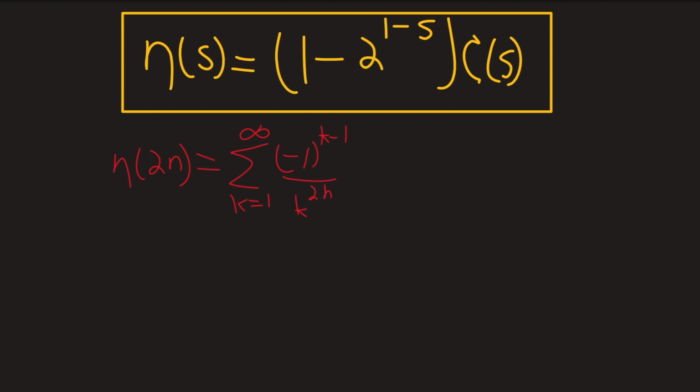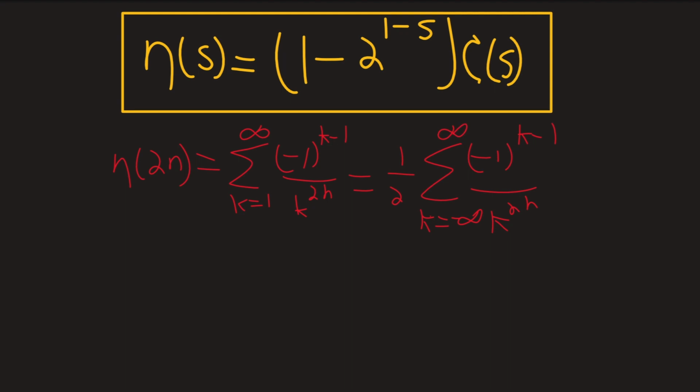To exploit a bit of symmetry, noting this 2 here and assuming that n is an integer, this is the same thing, as a result of symmetry, as 1/2 times the sum of negative 1 to the k minus 1 over k to the 2n. This part hasn't changed, but our bounds for the summation have changed, and they're from negative infinity to infinity.